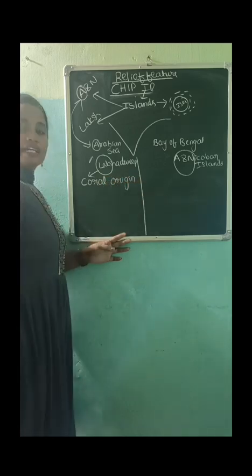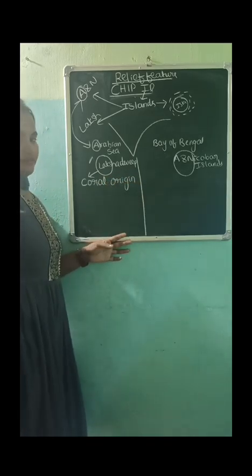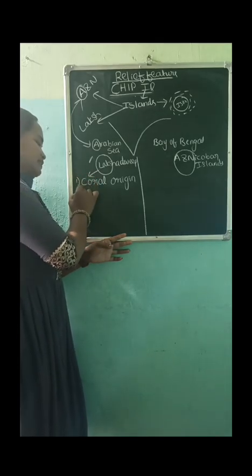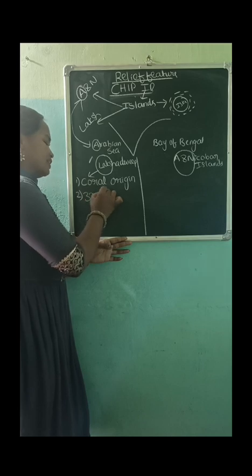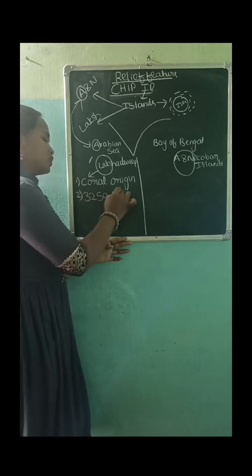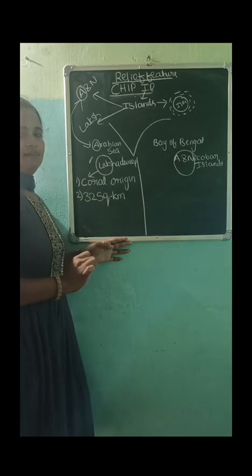It means it is famous for its coral reefs. Next, second, it is very small in size. It is just of 32 square kilometers area.